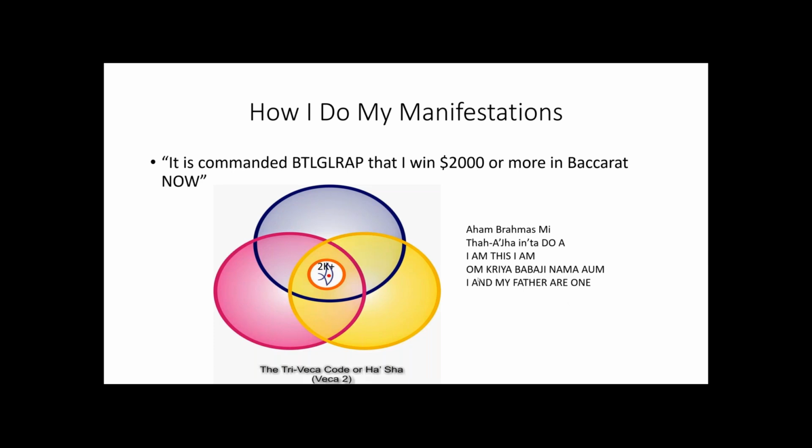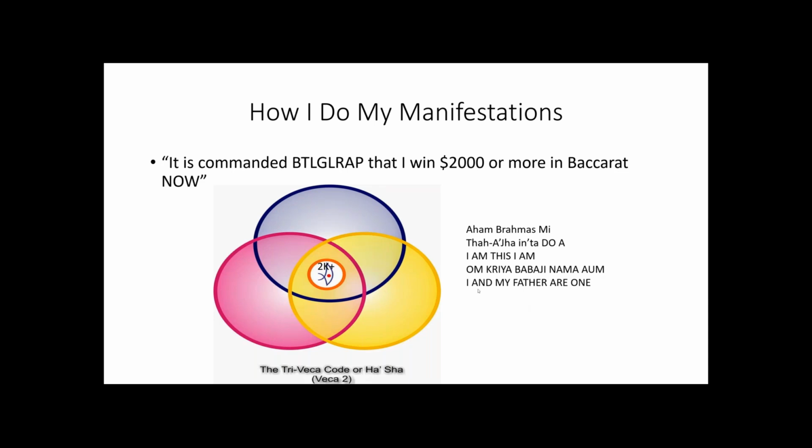And then we put Om Kriya Babaji Nama Om. So this is like connecting your crown chakra to the crown chakra of Babaji Nagaraj, the deathless Ma avatar. So you receive like an instant blessing when you do this. And it has a certain sound tone that when you say it, you raise your frequency.